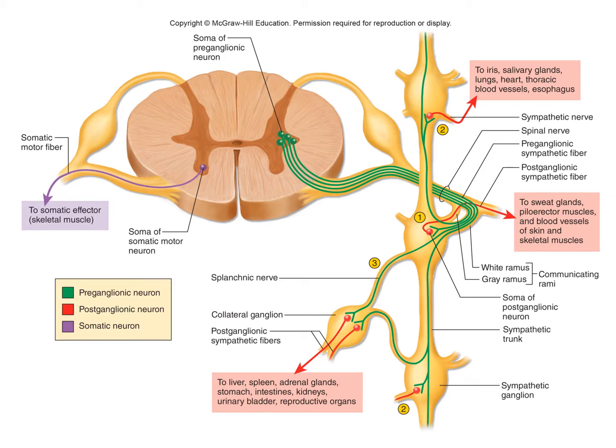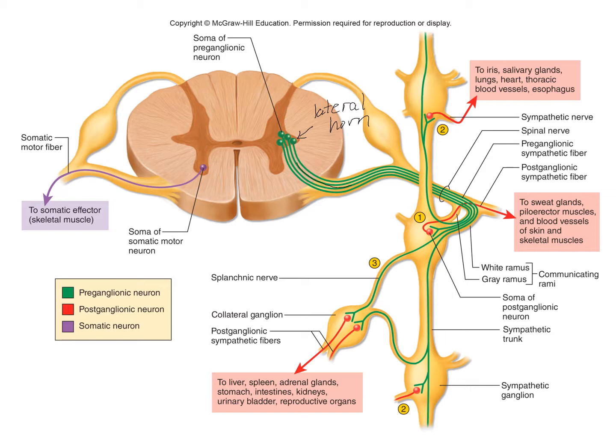So this is a cross-section of spinal cord here, and this would be the lateral horn. So this is gray matter. And we have our neural cell bodies here of our preganglionic neurons.